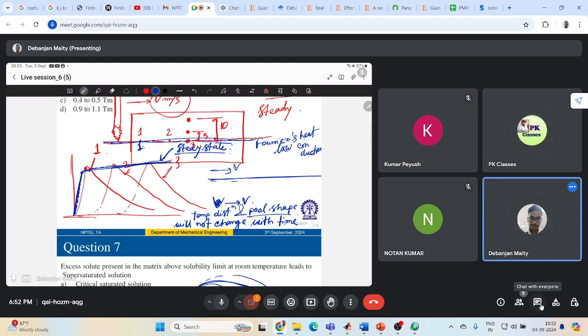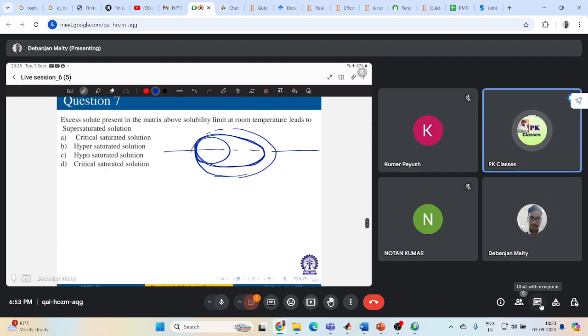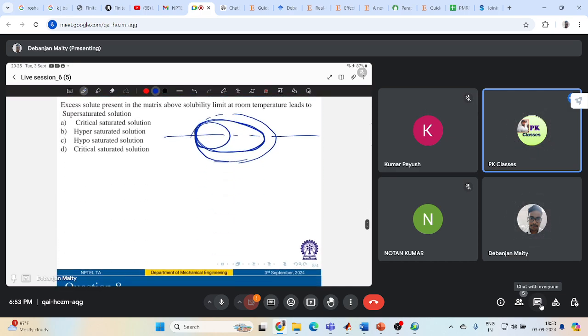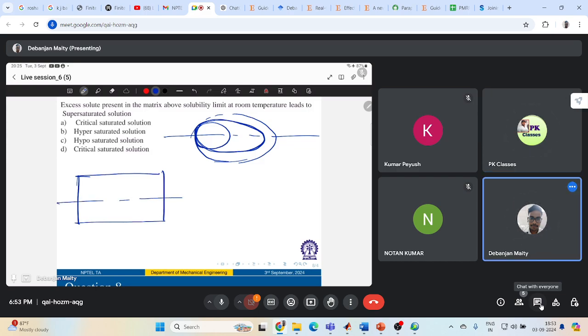But when you are going further away from your center line, what will happen to the temperature? Let's say this was my weld metal. This is my point 1, this is my point 2, which is away from the center, and this is point 3.